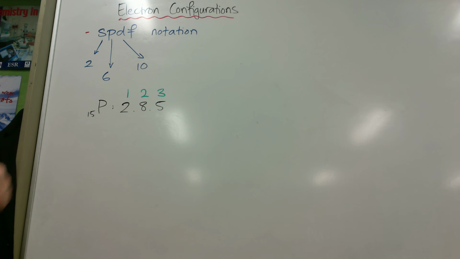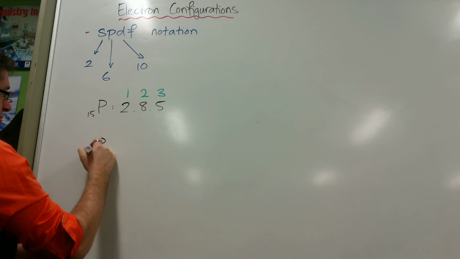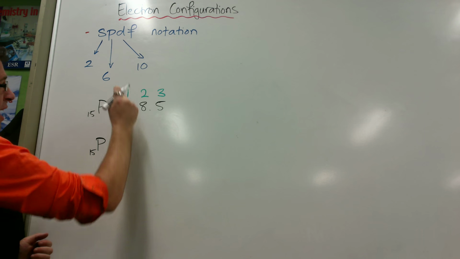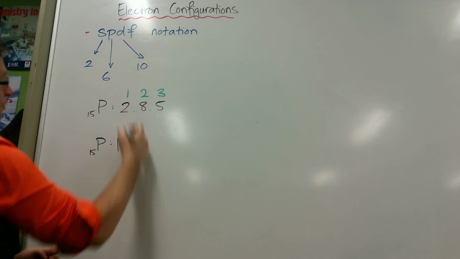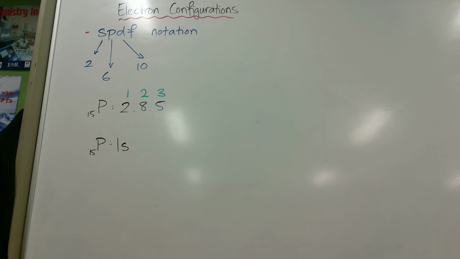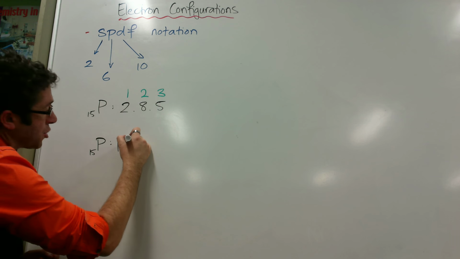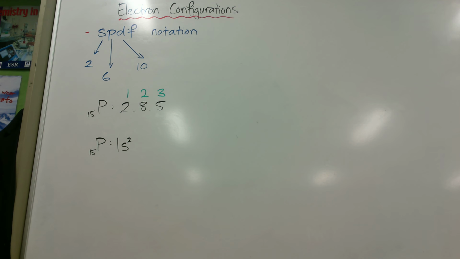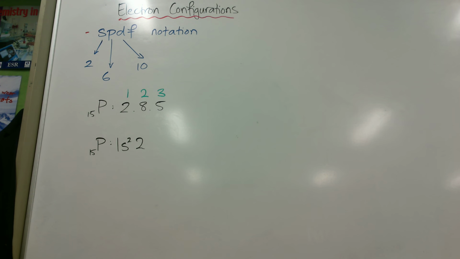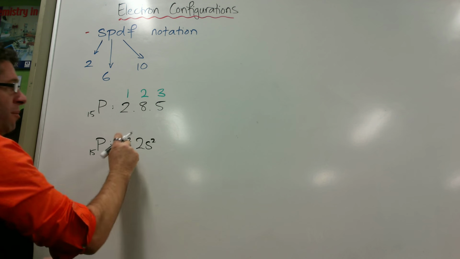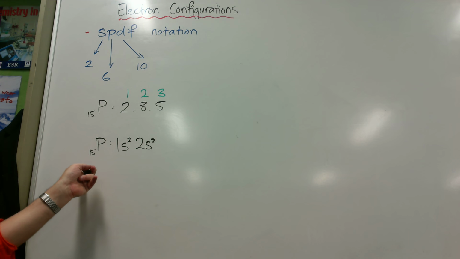So if I was to do phosphorus properly now, I'd say 1 for the energy level, S for the orbital type, and then 2 as a superscript to tell me the number of electrons in there. Then I'm on my second energy level, so I have 2. I have to fill the S orbital first. So I do 2s2. I'm now up to 4 electrons out of my 15.